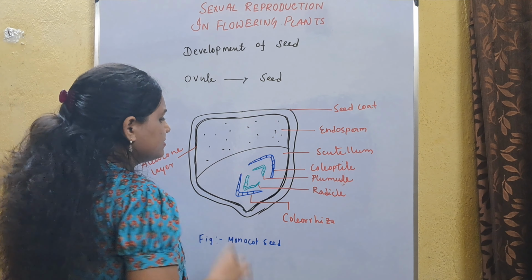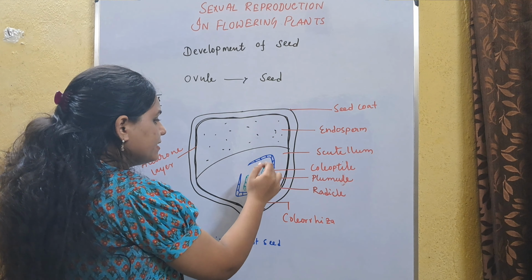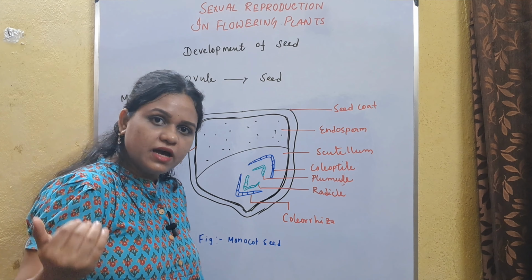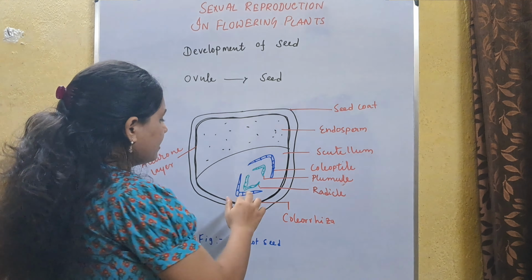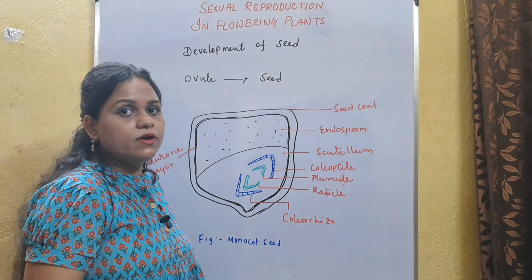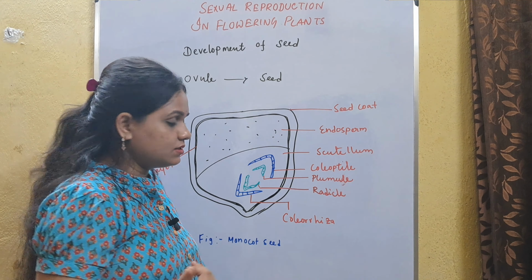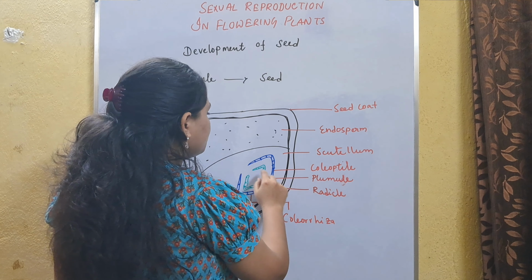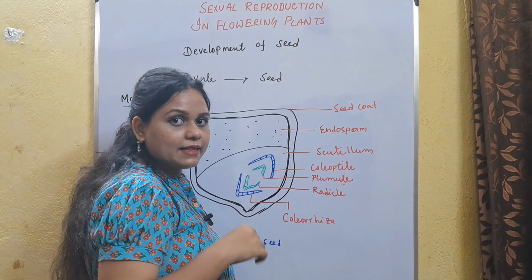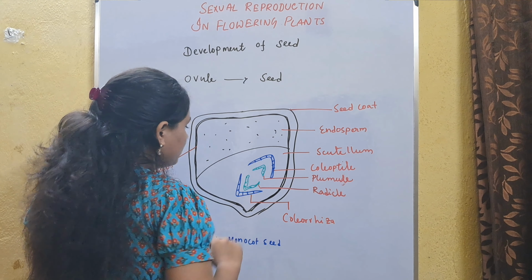These two parts are the plumule, which will grow into the shoot system, and the radicle, which will grow into the root system. Now they have a separate protective layer. The plumule is protected by coleoptile and the radicle is protected by coleorhiza.